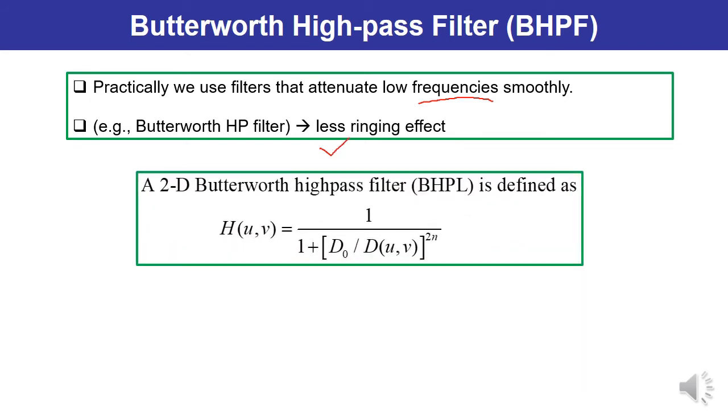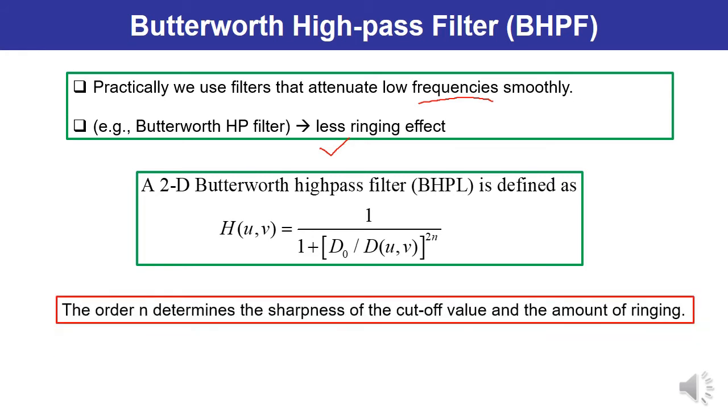A two-dimensional Butterworth high pass filter can be written as H of u,v equals 1 upon the denominator term 1 plus D0 upon D of u,v, raised to the power 2n. The order n determines the shape of the cutoff and the amount of ringing. This is an important point and you have to keep it in your mind.